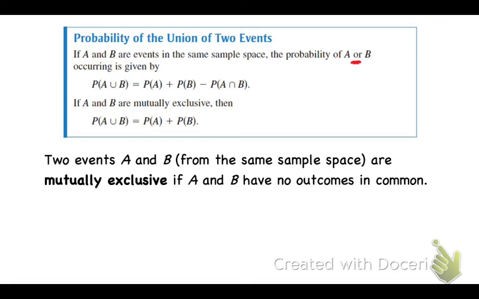Yes. We can't count them twice, can we? No. So you count them, but then you take out what they share. I'll show you a picture in a second. Unless A and B are mutually exclusive. Mutually exclusive means they have no outcomes in common.